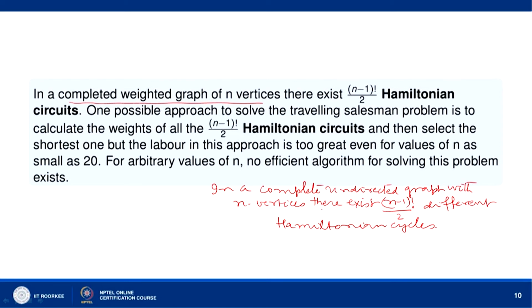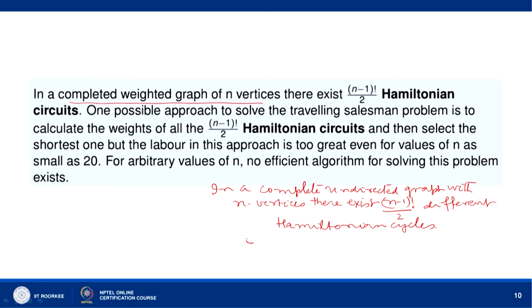If we consider a complete directed graph, then there exist (n minus 1) factorial different Hamiltonian cycles, because direction is associated. In the case of an undirected complete graph, there is no direction, so they become half, and therefore we get (n minus 1) factorial by 2 Hamiltonian cycles.